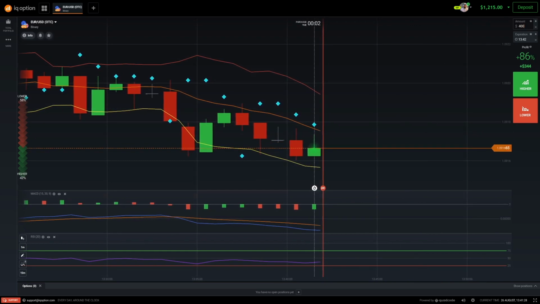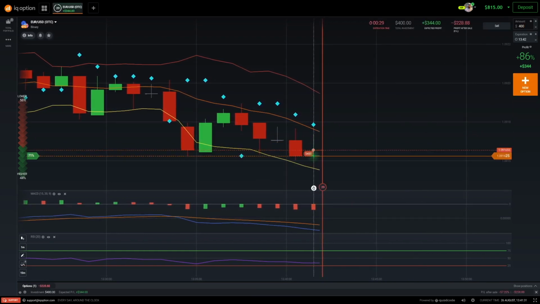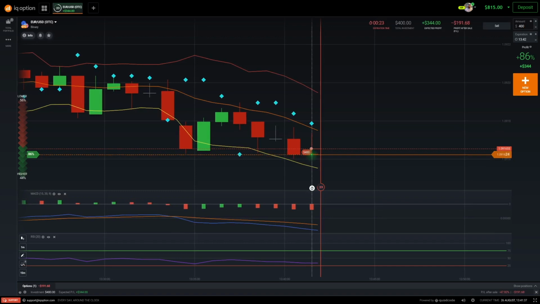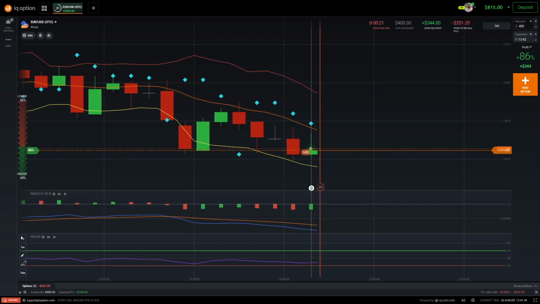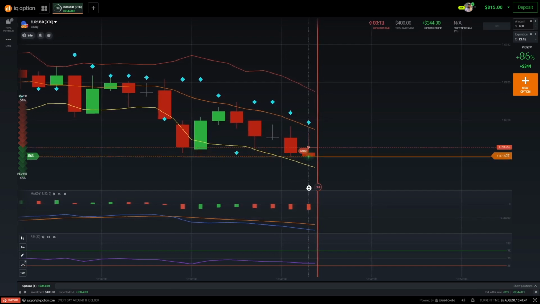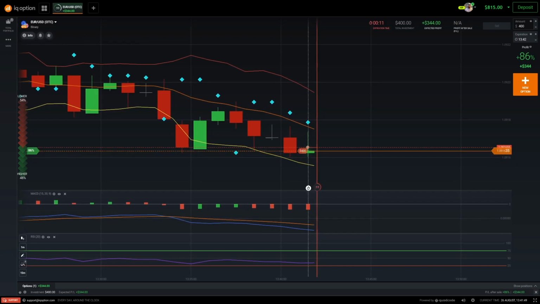I guess that's it. I will not trade with more than $400. This one is going down because I'm sure about it, and I will not trade with more than $400. I will stick with $400, and that's it. As you can see, 86% profit, meaning $344. That's great. That's amazing. Yeah.